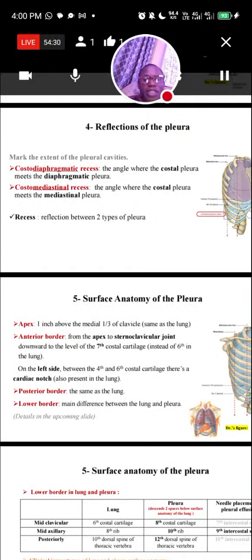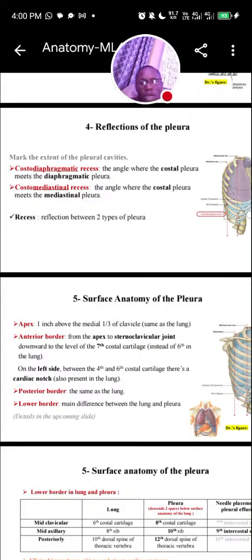Now, we're looking at surface anatomy of the pleura. So what are we looking at? Number 1. Okay, let's put it this way.